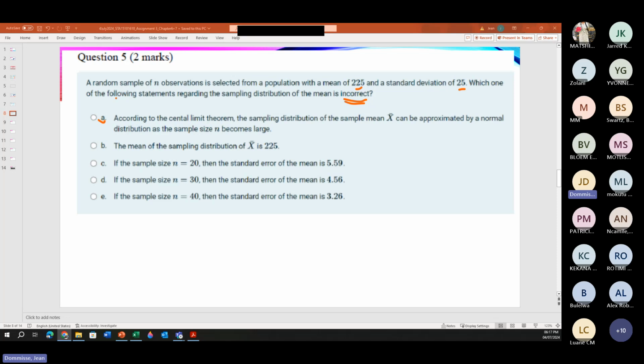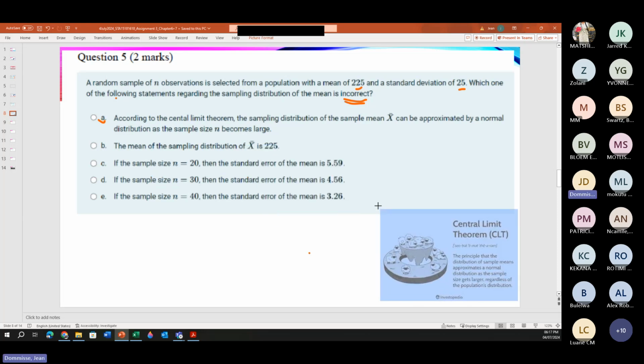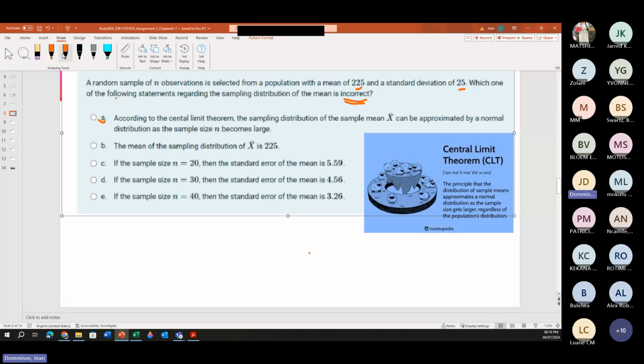So let's just quickly see if I can copy this in. And again, not all the things are going to be similar, but let's just see the principle that the distribution of sample means is normal as the sample size gets larger regardless of. So that is what they're basically telling us. You can assume as the sample becomes larger that it will be correct. So luckily I guessed that one right.